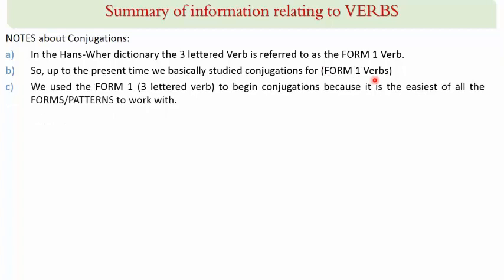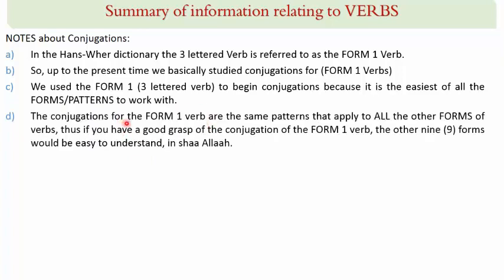Except we introduced aslama yuslimu islamun, af'alu yuf'ilu if'alun. We use the form 1, the three-lettered verbs, to begin conjugations because it is the easiest of all the forms and patterns to work with for conjugations. The patterns of the conjugations for the form 1 verb are the same patterns that apply to all the other forms of verbs.